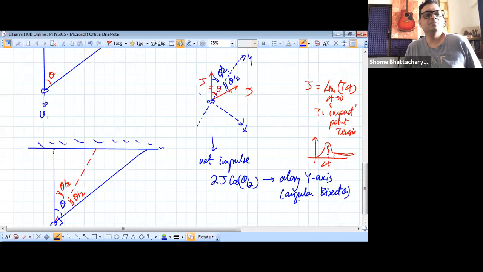And this net impulse, it absorbs that component of momentum. So this component of momentum, that is mv1 cos theta.